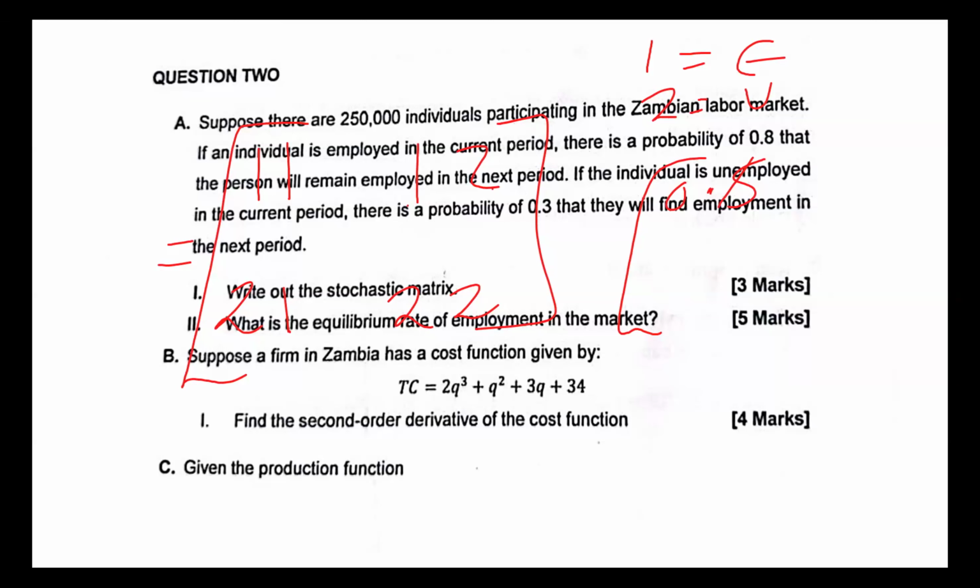I told you to read from where? From right to left, isn't it? Unemployed, then employed. Do you remember? So it's next to 0.8. Very important. This will be 0.2. This will be 0.7.